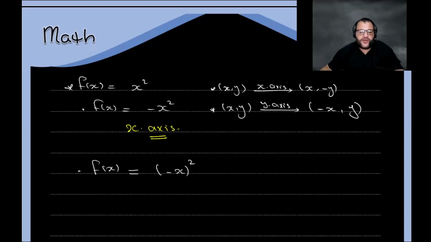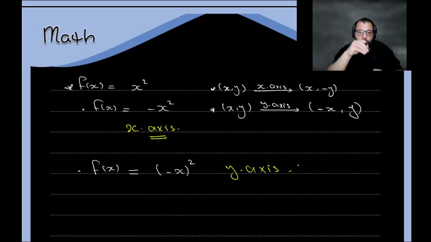Inside the bracket, does it affect x or y? X. What will happen when you change the sign of x? It means the reflection will be for x or for y? Changing the sign of x: reflection on the y-axis. That's the reflection for the y-axis.